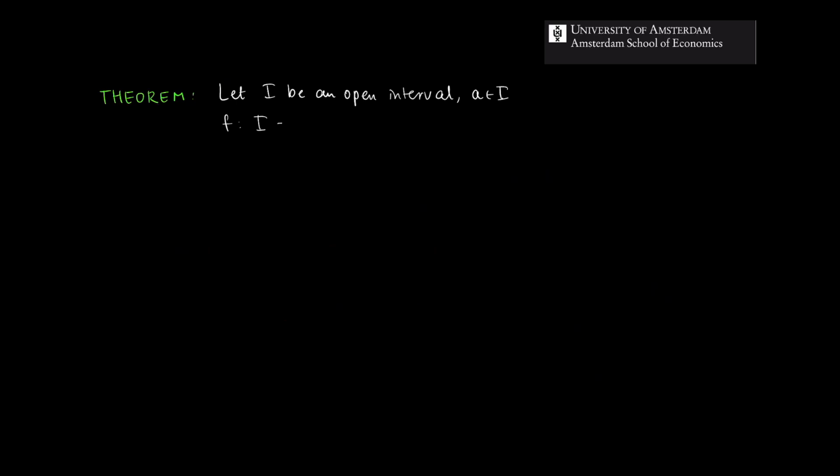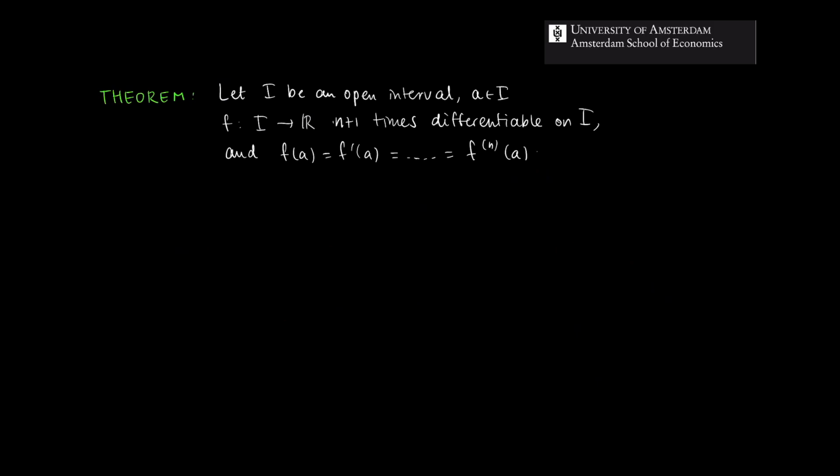Suppose, moreover, that we have a function on this open interval, and this function is m plus 1 times differentiable on this I. Moreover, suppose that we have that f(a) equals f prime (a), that all the function values and all the nth derivatives in a are 0, they vanish.